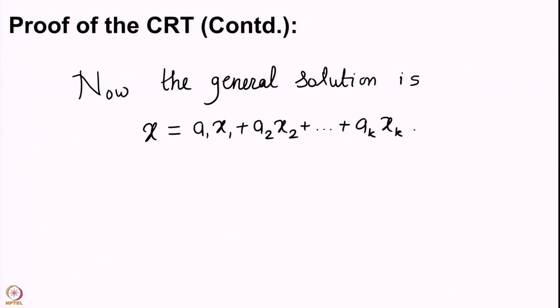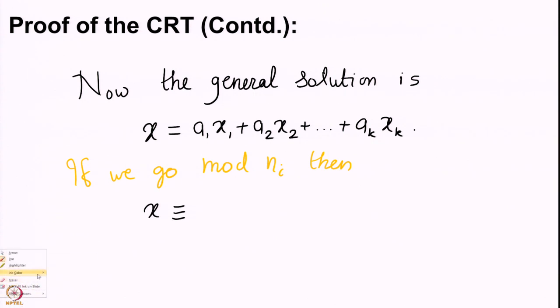So, if you were to look at it modulo any particular ni, so mod ni, x is congruent to, remember mod ni, each of the xj where j is not equal to i is going to give you 0.